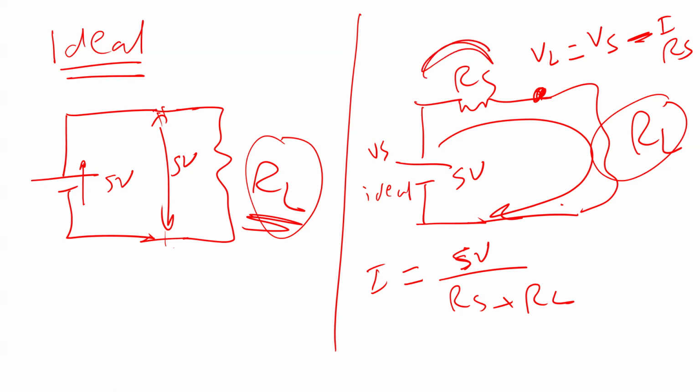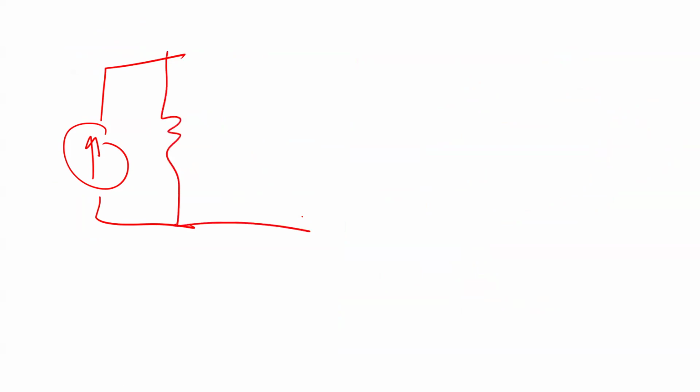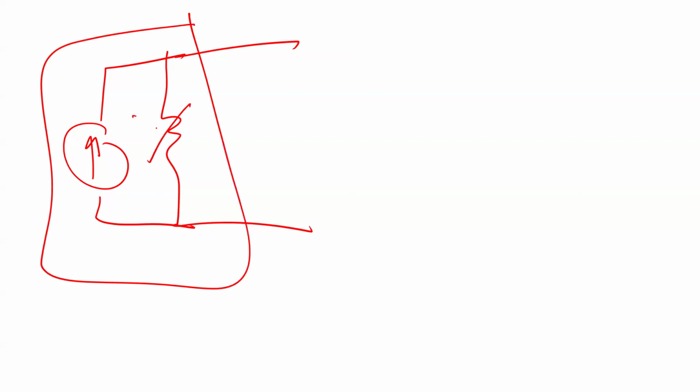Okay. By the way, the same thing applies if you have a current source, but the resistance here is not in series. Instead, it is in parallel. So you have a resistance this way. Ideally we don't have this resistance, but in reality you do, and this resistance is usually very high.